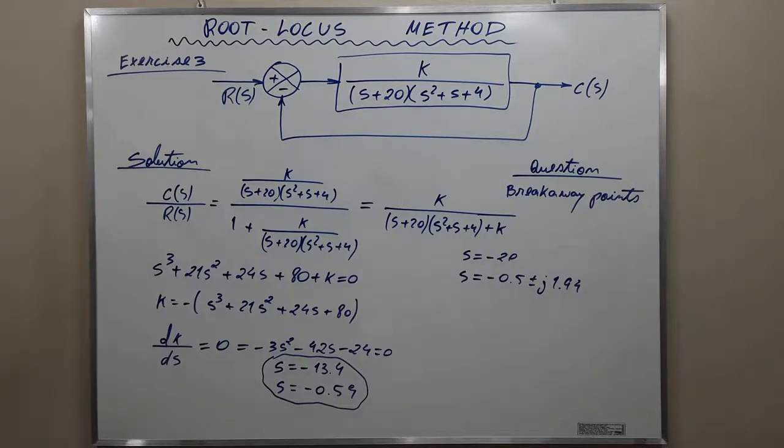We're going to choose a test point. For any test point S on the real axis, the sum of the angular contributions of a pair of complex conjugate poles is 360 degrees. Thus, the location of the root locus is determined by the other pole, that is S equal to minus 20. Okay?